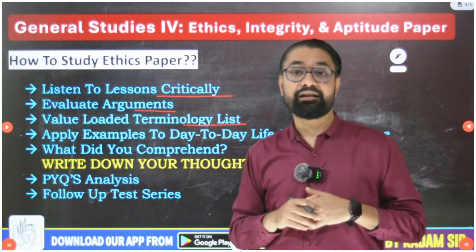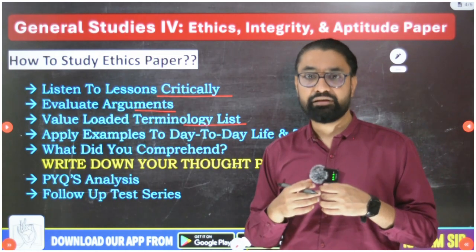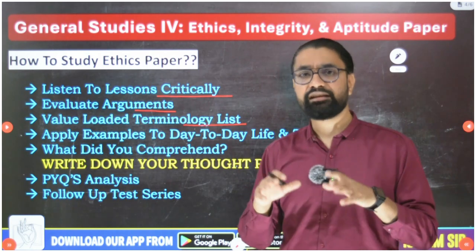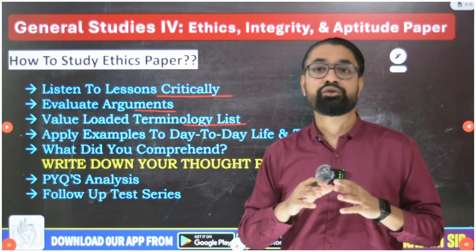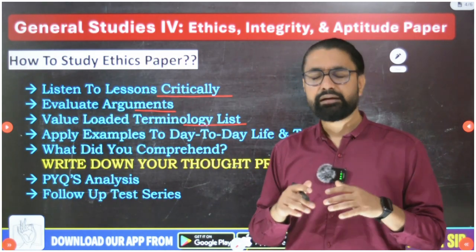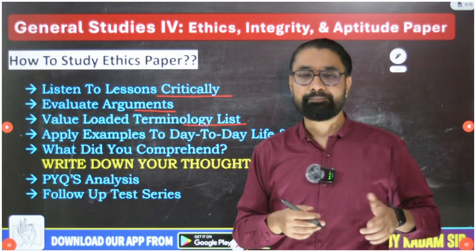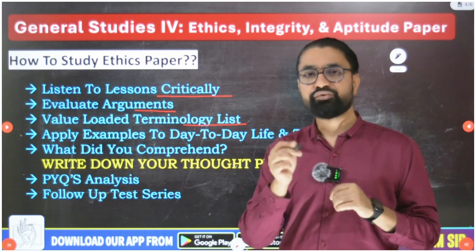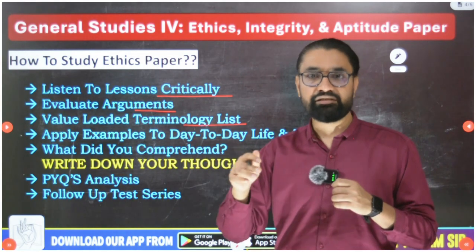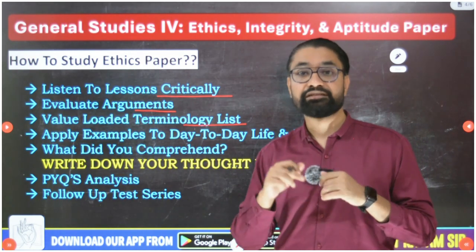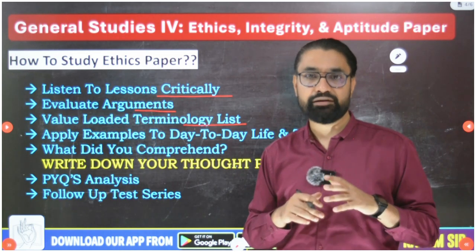Like asymmetric federalism, cooperative federalism, this kind of normative thinking, principle of universality, categorical imperative. In the ethics paper you may have a huge list of value loaded terminologies. So whenever you are listening to my lectures, keep a separate notebook in which you keep writing these terminologies: ethics, morality, Kohlberg's stages of moral development, categorical imperative, knowledge without character, science without humanity.